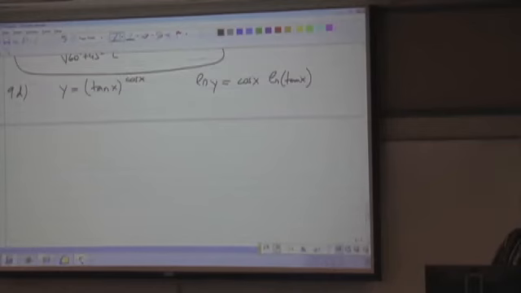And so 1 over y dy/dx equals negative sine of x times ln of tangent of x plus secant squared of x over tangent of x times cosine of x. Right? So far so good?